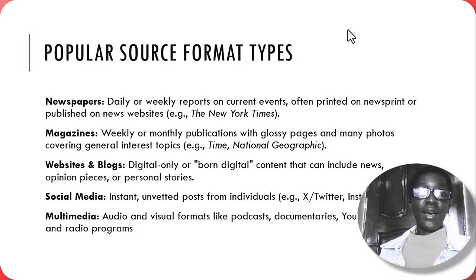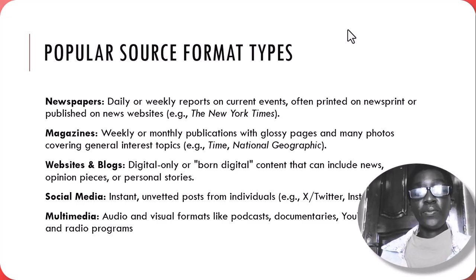Then let's look at the popular source format types. So we have the newspapers, which can be daily or weekly reports on current events, often printed on newsprint or published on news websites, for example, the New York Times or the New Vision. We also have magazines, weekly or monthly publications with glossy pages and many photos covering general interest topics, for example, Time, National Geographic.